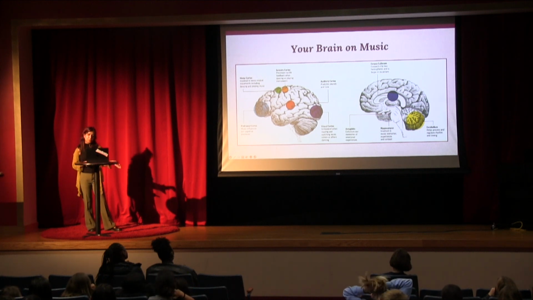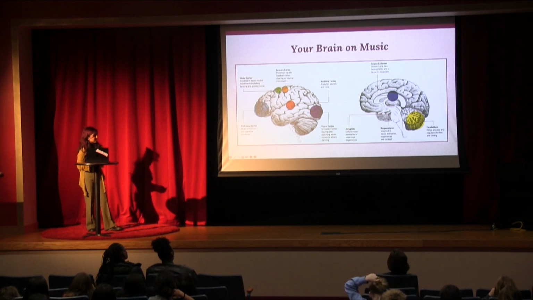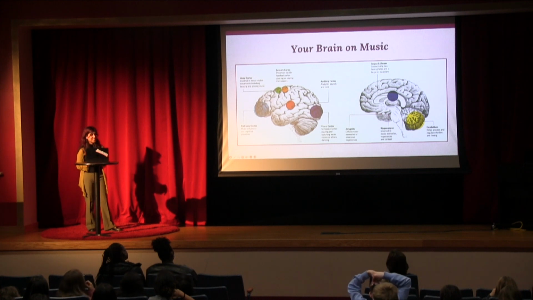That's because the motor regions and the regions that process rhythm are overlapping. And then the hippocampus and amygdala are involved in memory and emotion. Those are shown in very small dots on the right side.